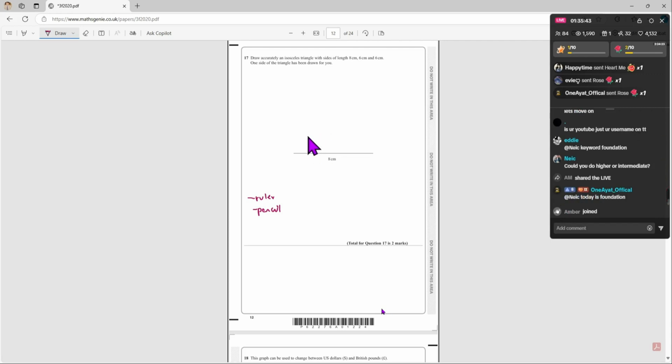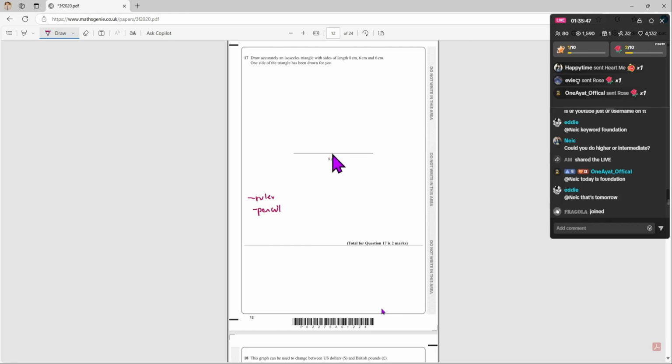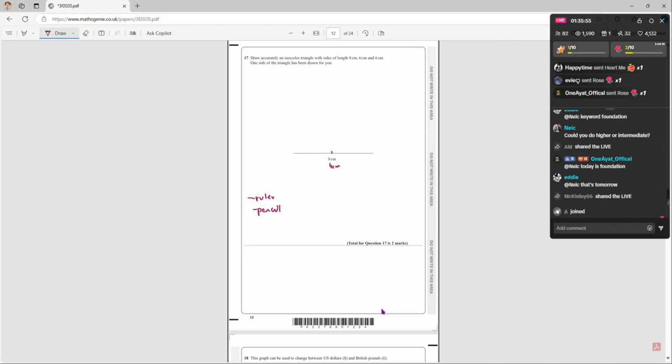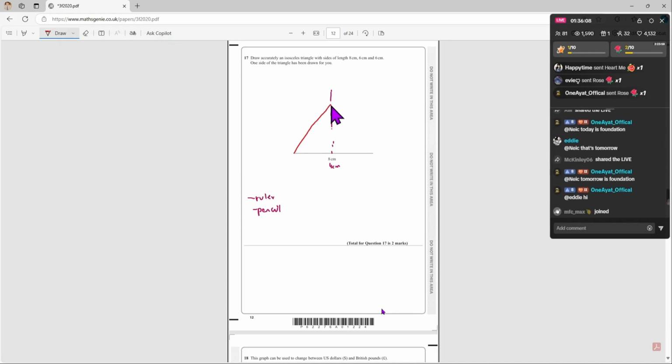To draw it accurately, you would first of all measure 4 centimeters over here, and then draw a rough line like that. That's 4 centimeters. Then you would draw the triangle, the missing lengths, like this and like that.